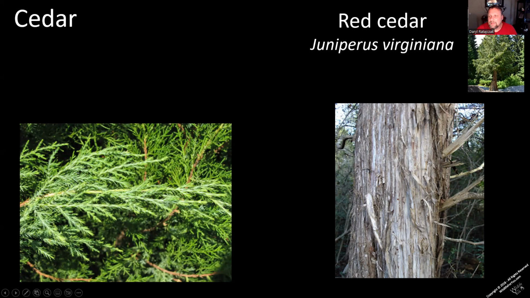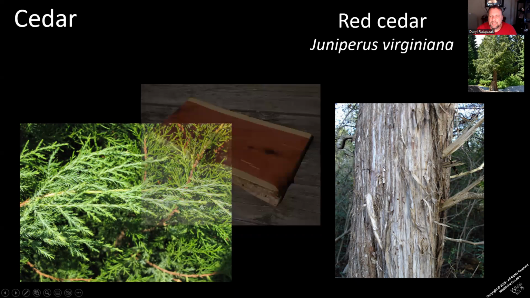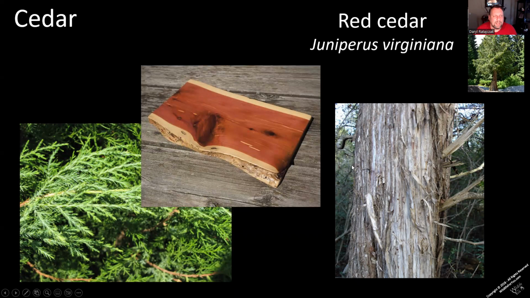The bark oftentimes is peeling like this, but if you know your cedar trees and you cut a cedar tree, oh my gosh, they are the best smelling wood. They're very rot resistant, very resistant to insects, so they make fantastic fence posts. If you're doing construction, they're fantastic wood because they are rot and mold and insect resistant. Wonderful, wonderful tree.